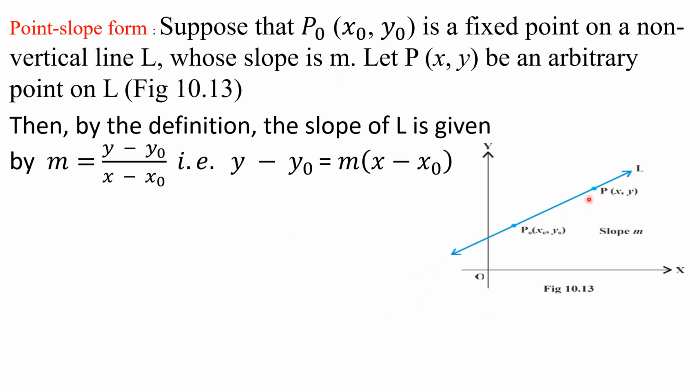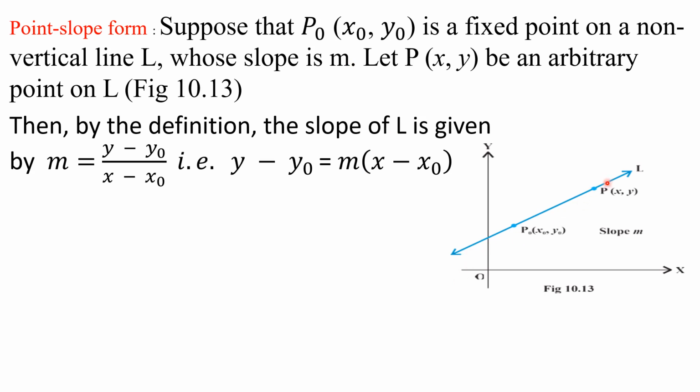On this line, a point P naught, x naught, y naught, is given. And the slope of this line is given as m. So the point and the slope are given. So we have to write the equation of the line.